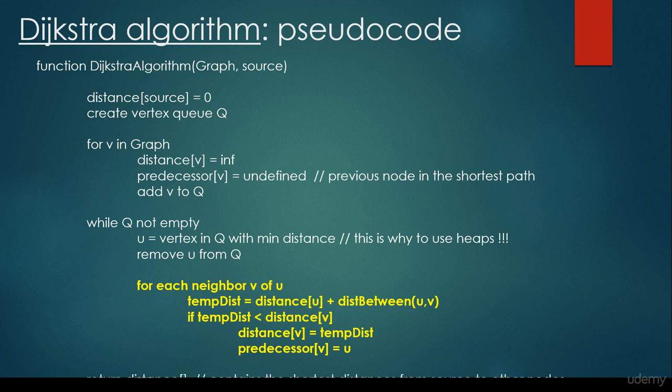We get the u vertex from the queue, and we check for every neighbor of u, we call it v, are there any shorter paths? If the temp distance is smaller than the distance v, it means we have managed to find a shorter path, and that's why we update the distance for the v to be equal to the temporary distance. And of course we have to update the predecessors as well.